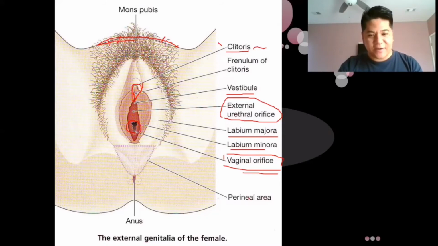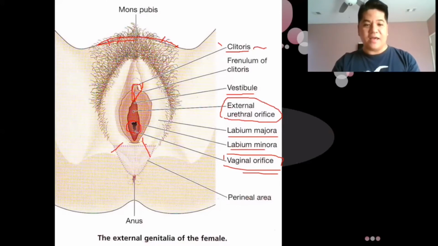Then, as you can see, we have the perineal area, where this triangle area is cut. Either it is cut during the delivery of the baby because the head of the baby is so big. If not accommodated, then they will cut it, so there will be more space for delivery of the baby.